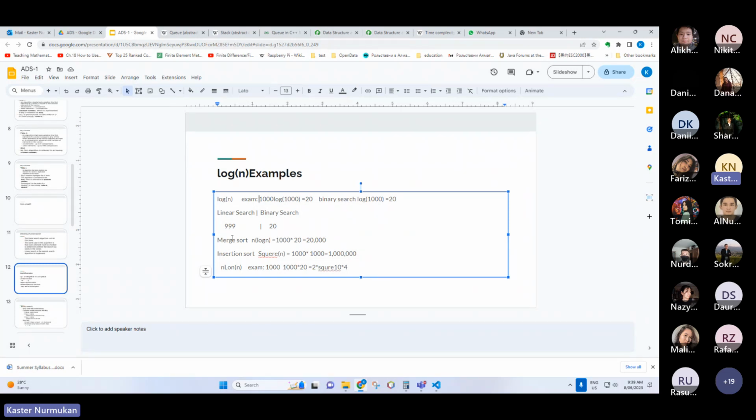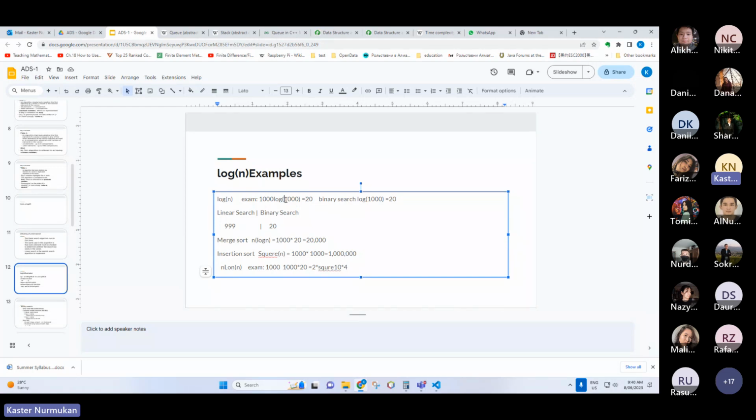Log of 1,000 is about 10, and log of 100 is in between 6 and 7. 2 to the power of 6 is 64, and 2 to the power of 7 is 128. So it means 100 is actually in between 6 and 7.